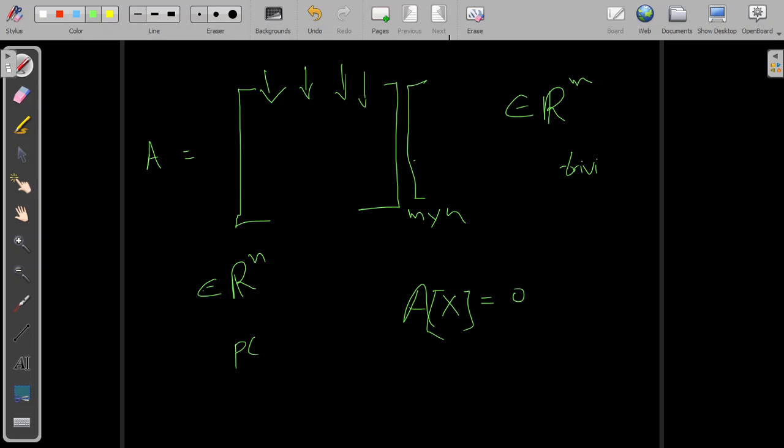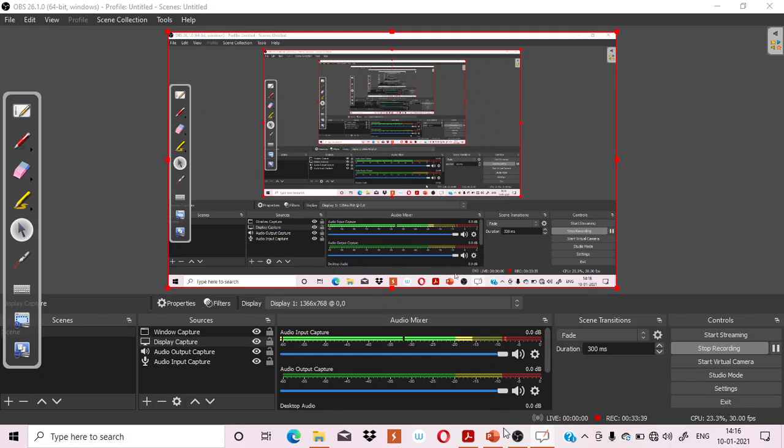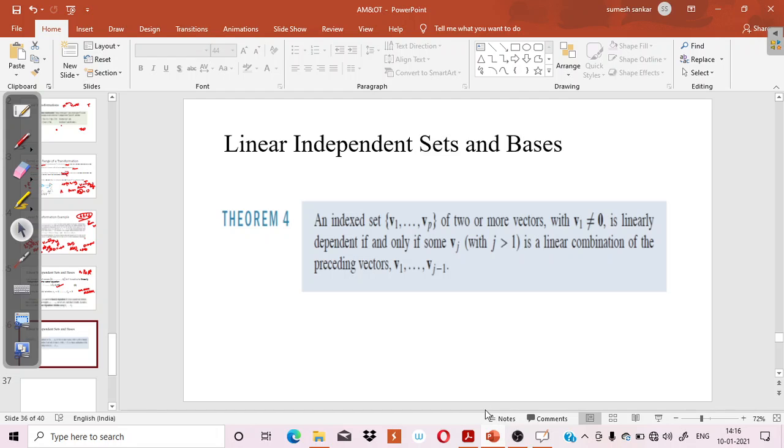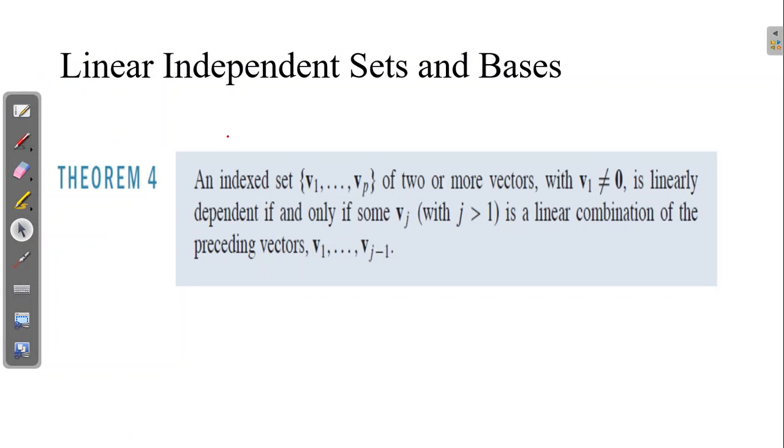So in that situation, how we do it is, we are going to give a theorem like this.